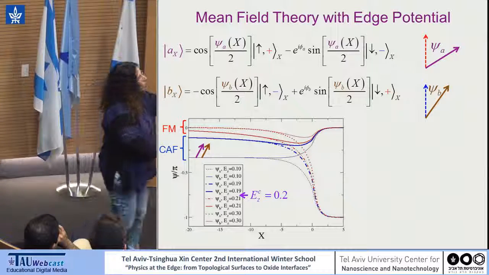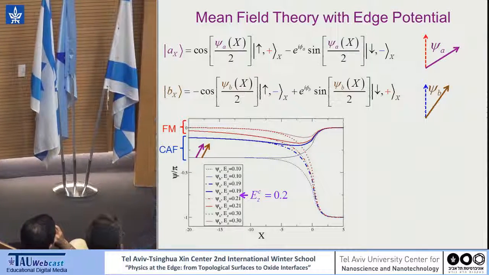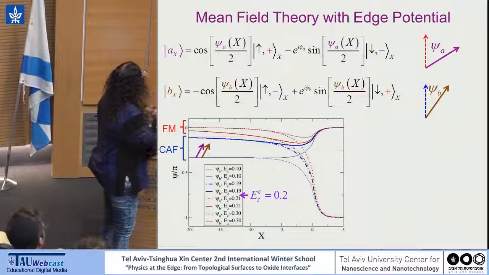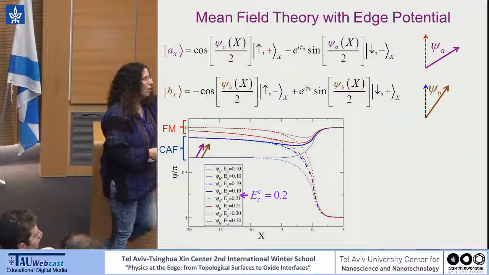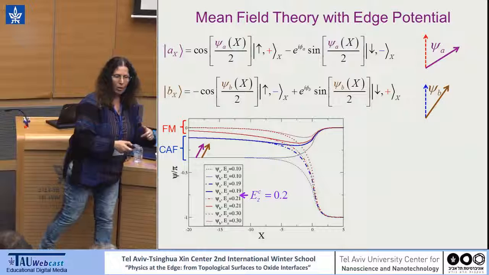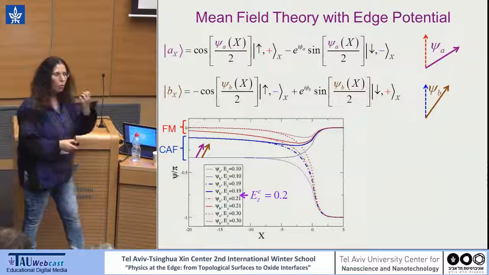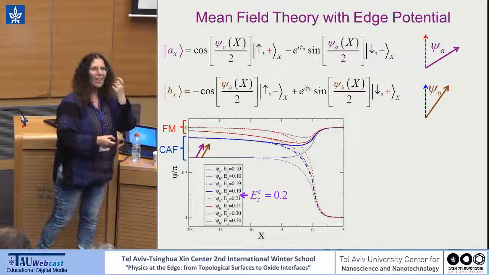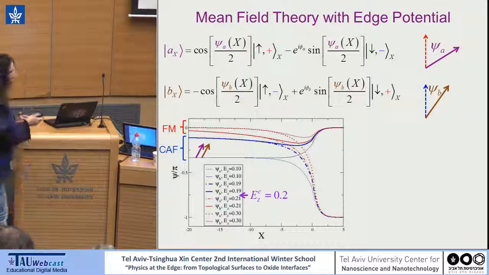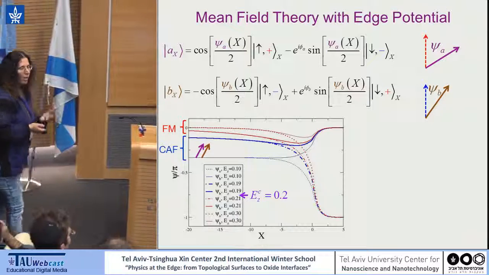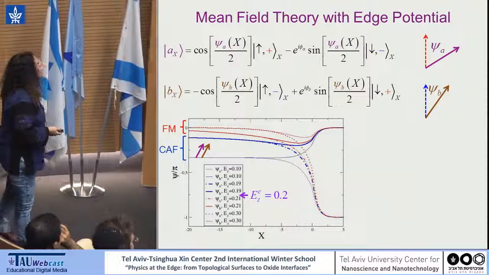The canting angle changes from 0 to pi. So in fact, this allows you to generate excitations, collective excitations that have a topological charge, and that topological charge is what carries the electric charge in the quantum Hall system.